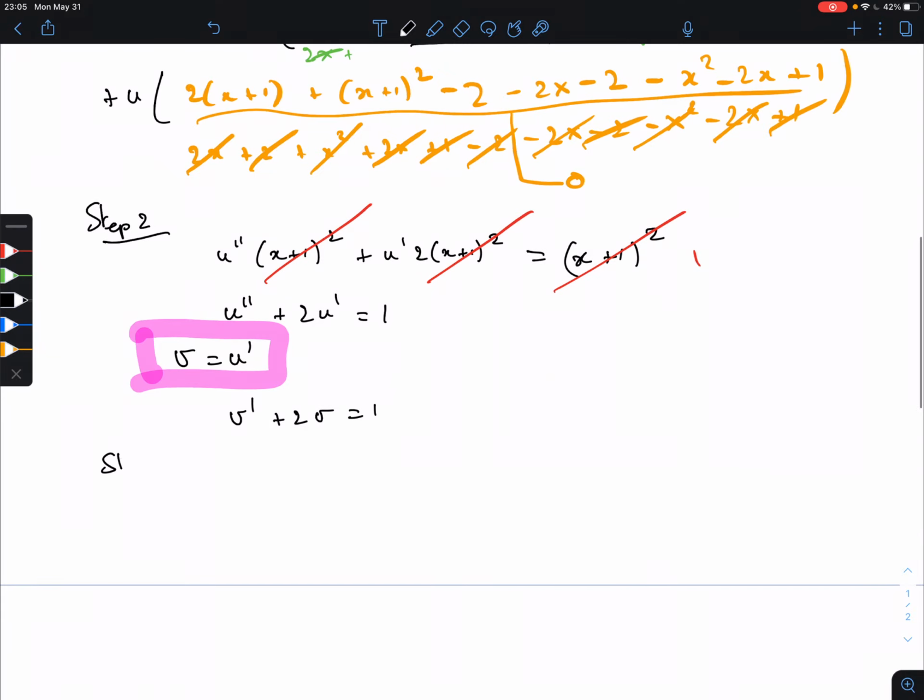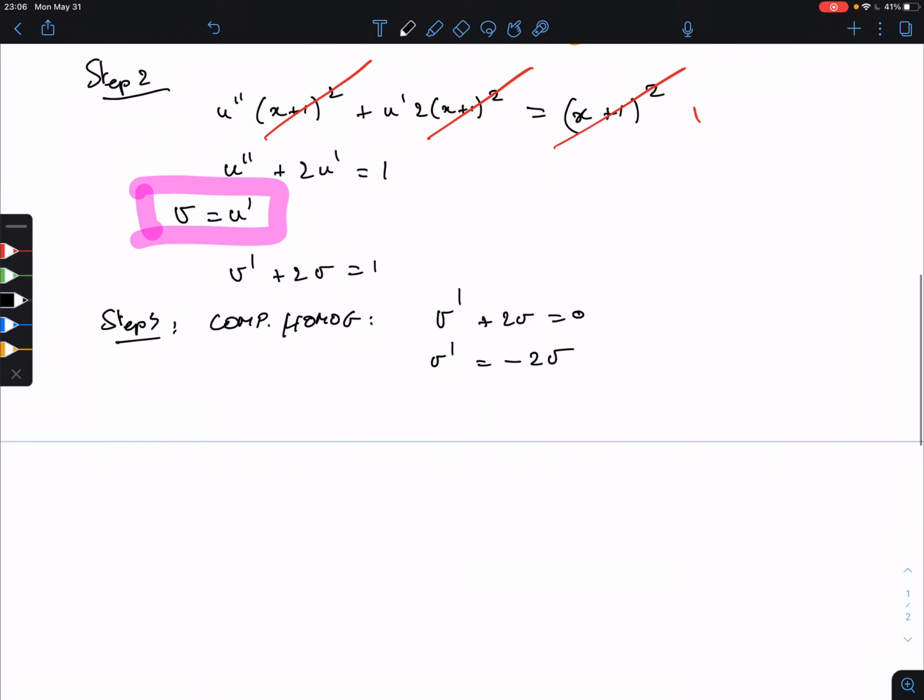Okay, so step 3, I have to look at the complementary homogeneous equation, so that is v prime plus 2v equals 0, so that means v prime equals minus 2v, and if you then bring everything to the right side, you get dv over v equals minus 2 dx.